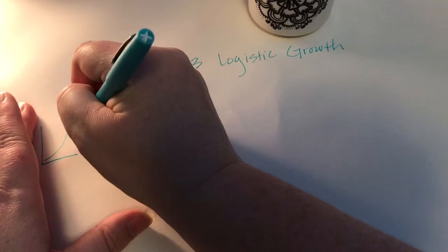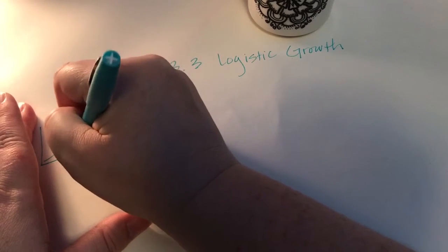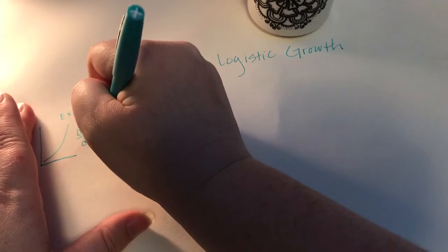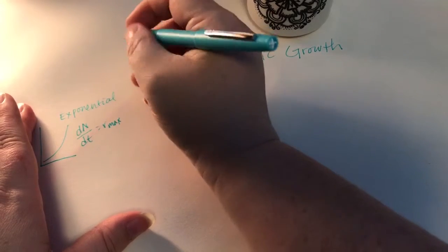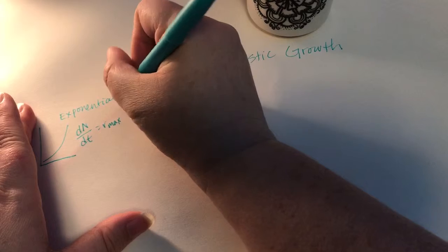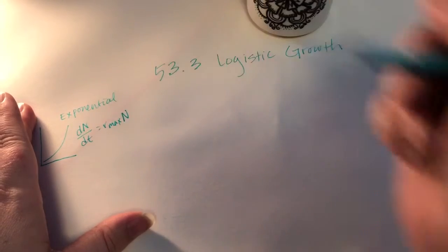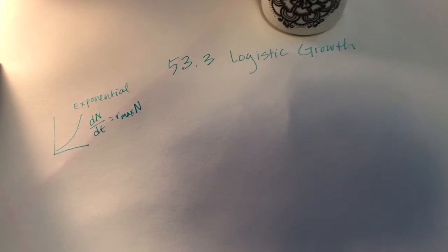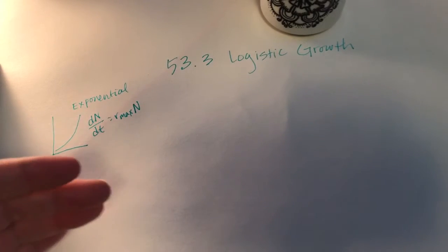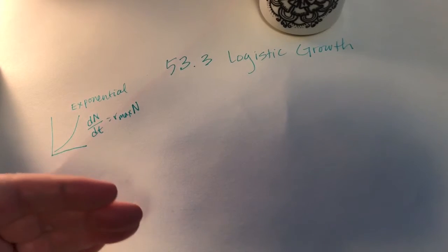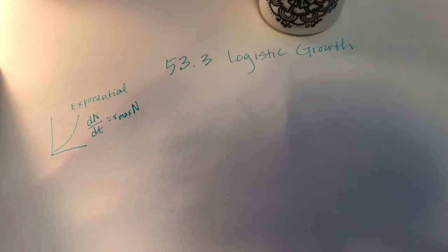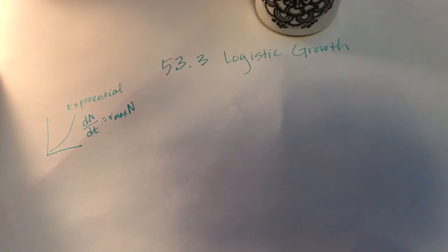And that formula was dN over dt equals r max N. Right, we all remember that. We memorized it last night. It's wonderful. But we said this is when resources are unlimited, and that does not happen very often in the real world.